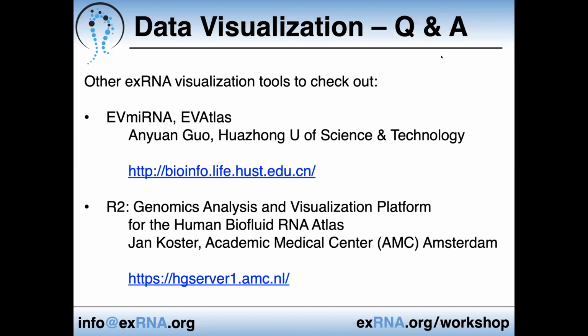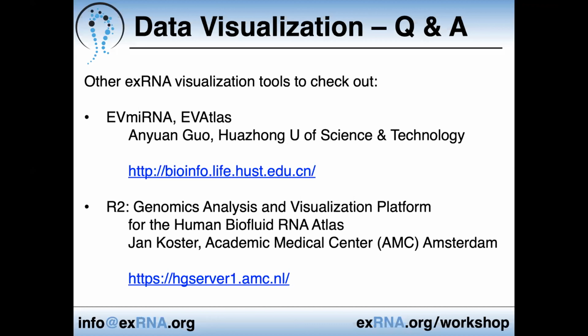I just want to mention a couple of other visualization tools that you should check out, and the developers of them were unable to speak here. Anyuan Guo at the Huazhong University of Science and Technology has 2 tools for looking at RNAs isolated from extracellular vesicles, EV-miRNA and EV-Atlas.